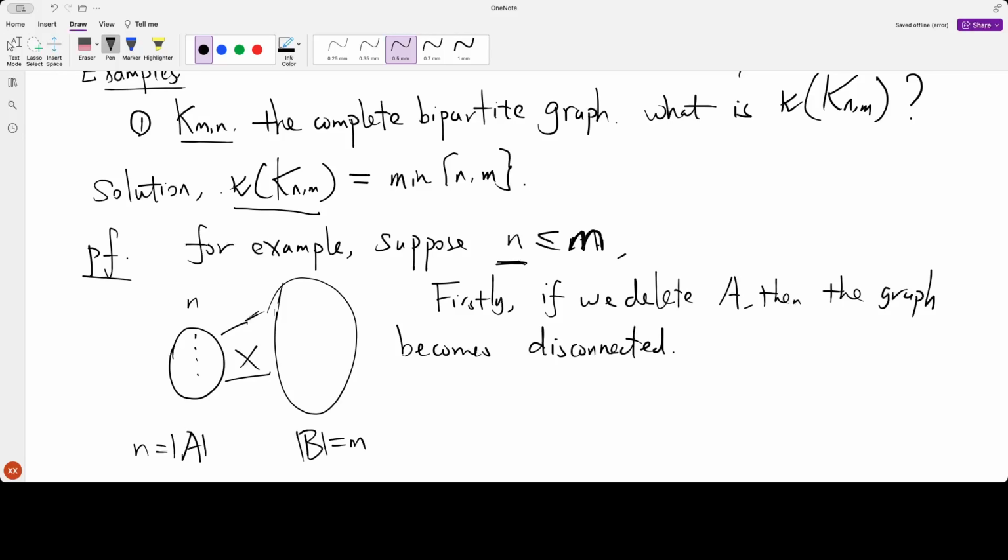So in order to prove that kappa of this graph equals n, what else should we do? We still need to show that no vertex cut has size smaller than n.